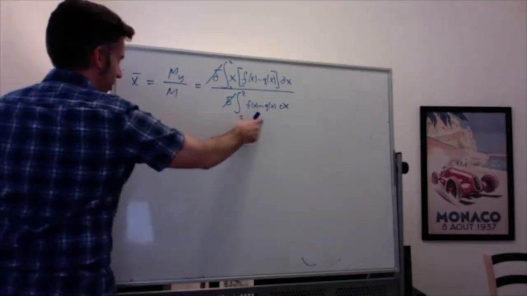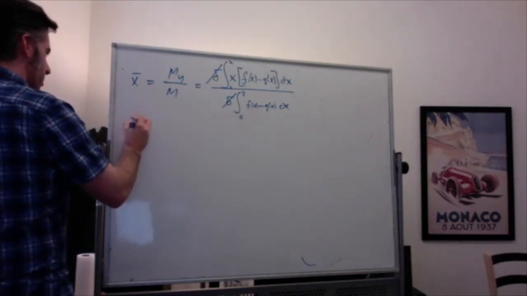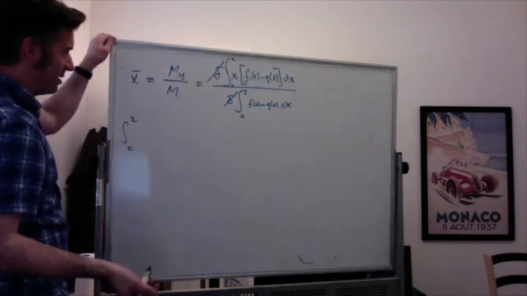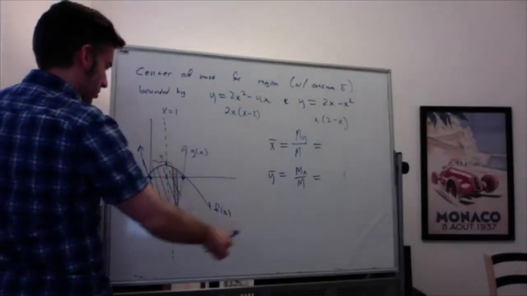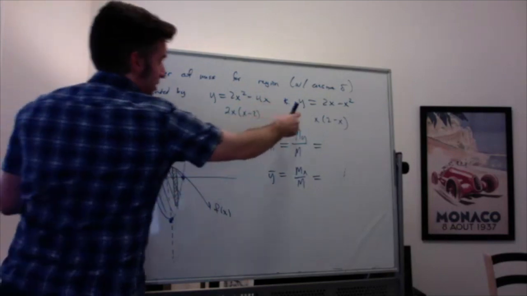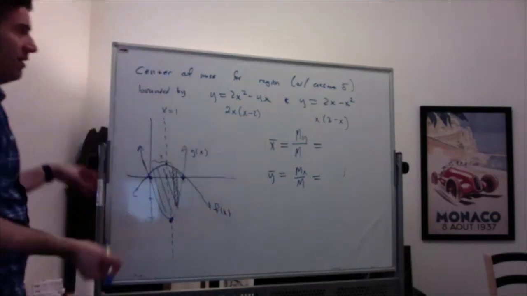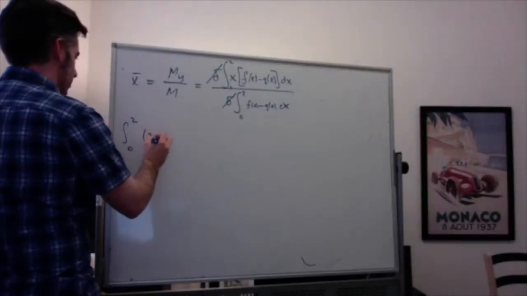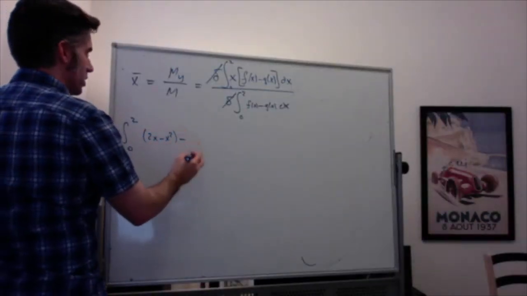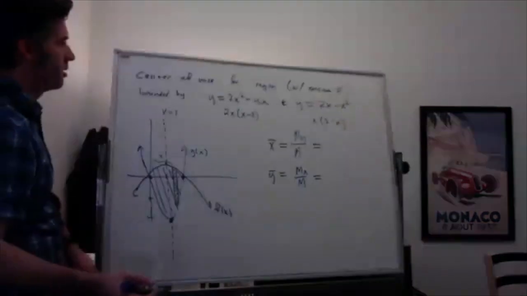So this bottom part here, the integral from 0 to 2 of f of x minus g of x, is going to be, sorry, this is f of x, this is g of x. So f of x is 2x minus x squared. G of x is 2x squared minus 4x.